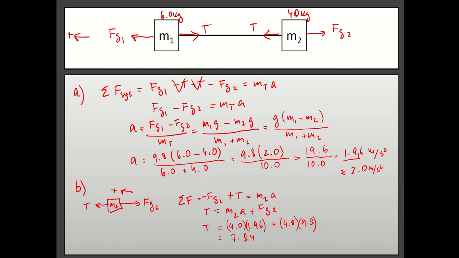But again, this would be rounded to 2 sig figs, so 1 decimal. 4 times 9.8, we get 39.2. This also would be rounded to 2 sig figs. So anyway, this is no decimals, this is 1 decimal, so the final answer should have no decimals.